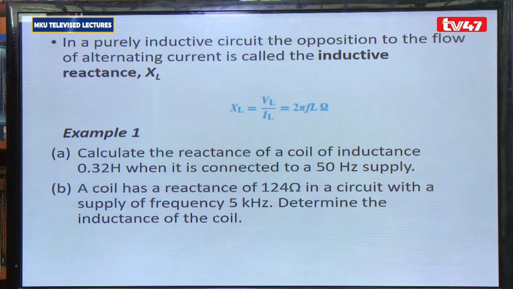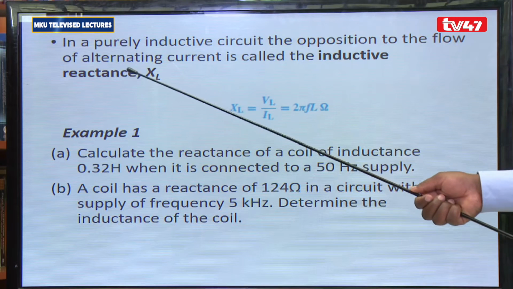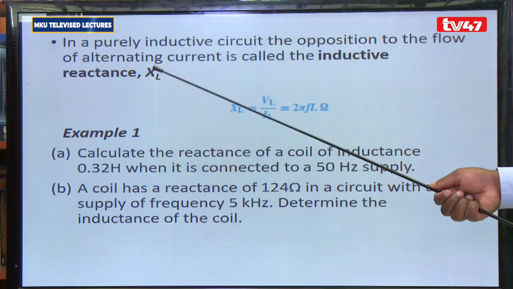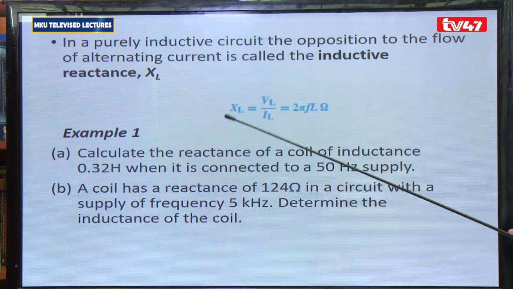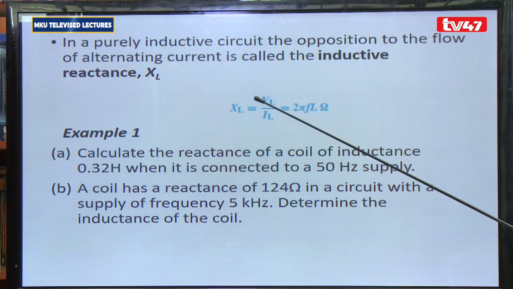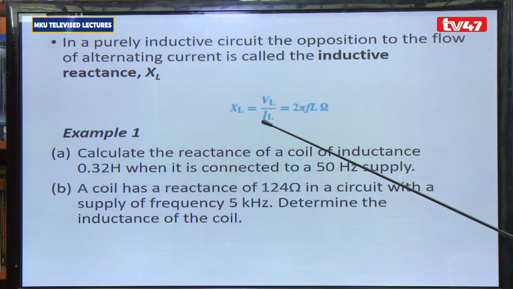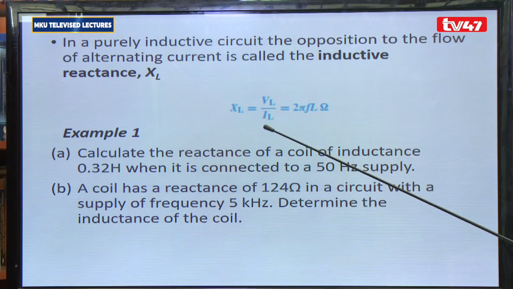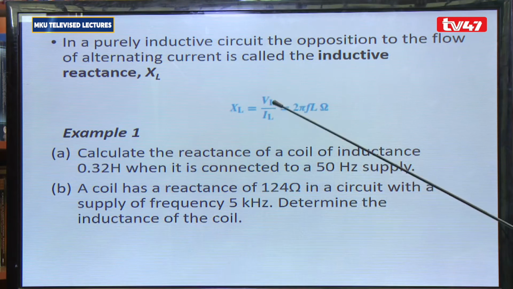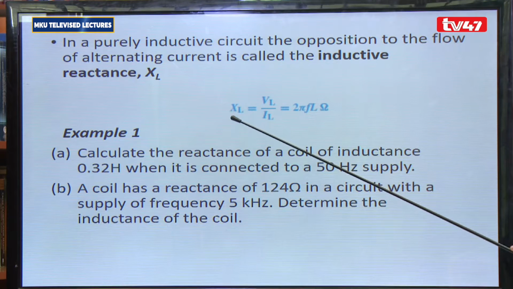Like what we said in the purely resistive circuit, where the opposition to the flow of current is resistance, here the opposition to the flow of current is inductive reactance, which is denoted by the symbol XL, X subscript L. And to get this reactance of the inductor, you take the voltage across the inductor divided by the current across that inductor, and it's going to give us the value of XL.